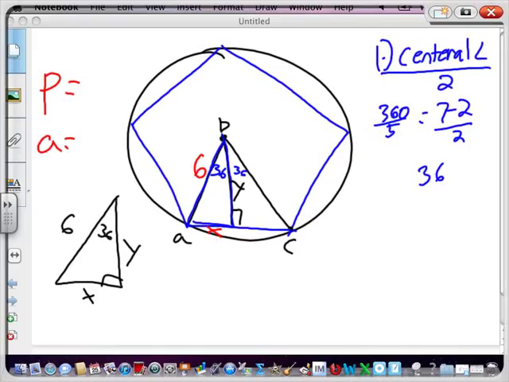So the first thing I'm going to do is write opposite, adjacent, hypotenuse. I know I'm going to deal with the angle 36. I want to find x first. So I'm going to take opposite over hypotenuse, and that is sine. So sine of 36 equals x over 6, which is 0.5878.